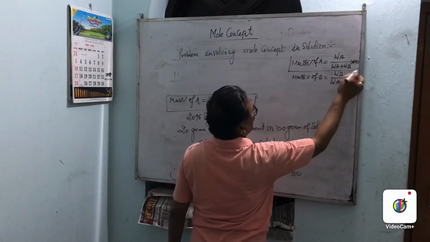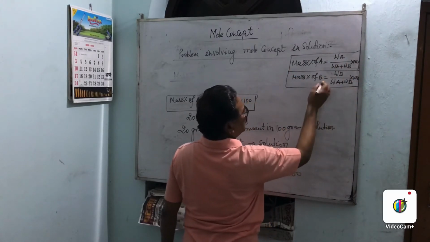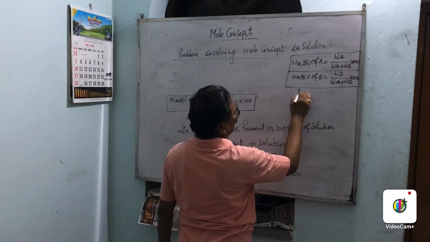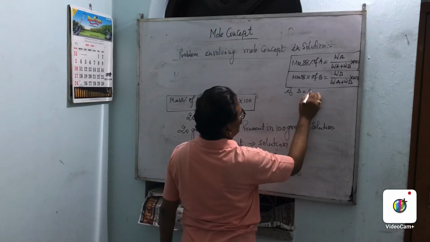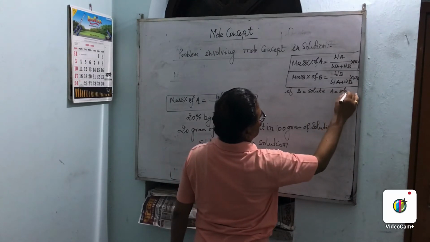So we are able to calculate the mass percent of a component. If you assume B as a solute, then A will be the solvent.